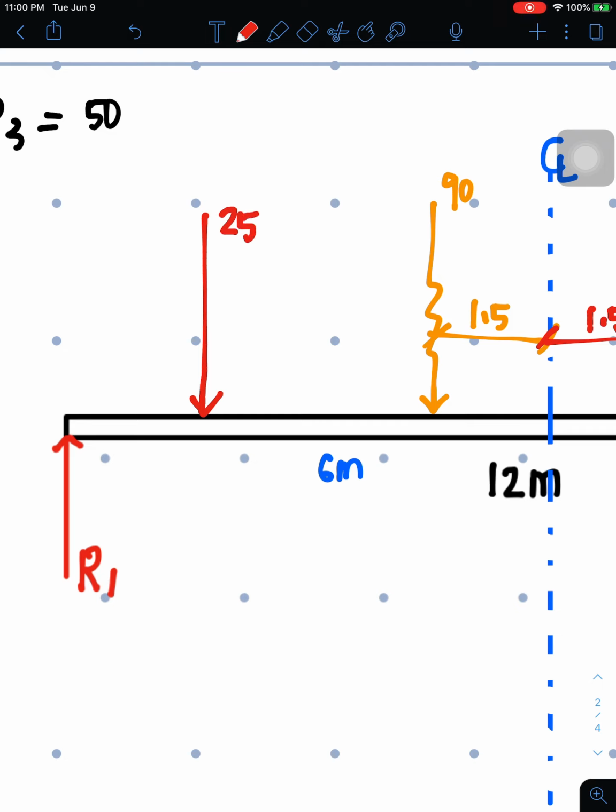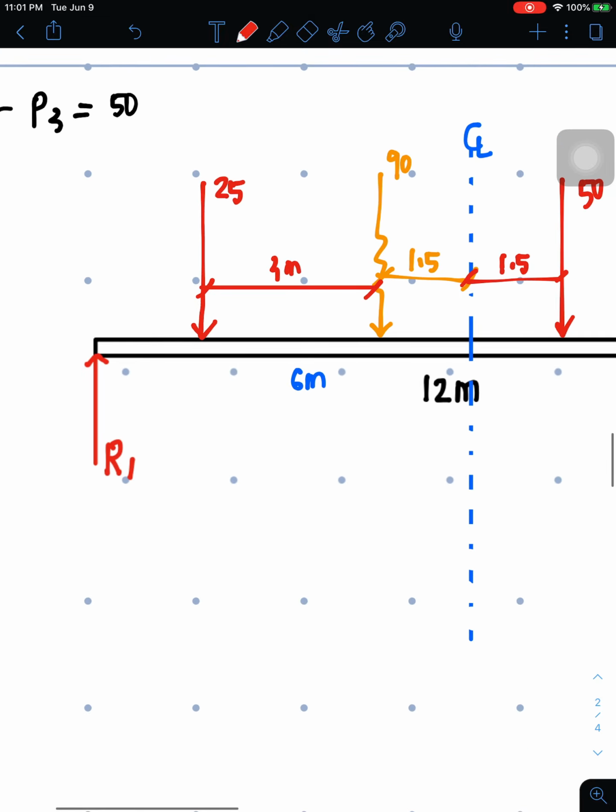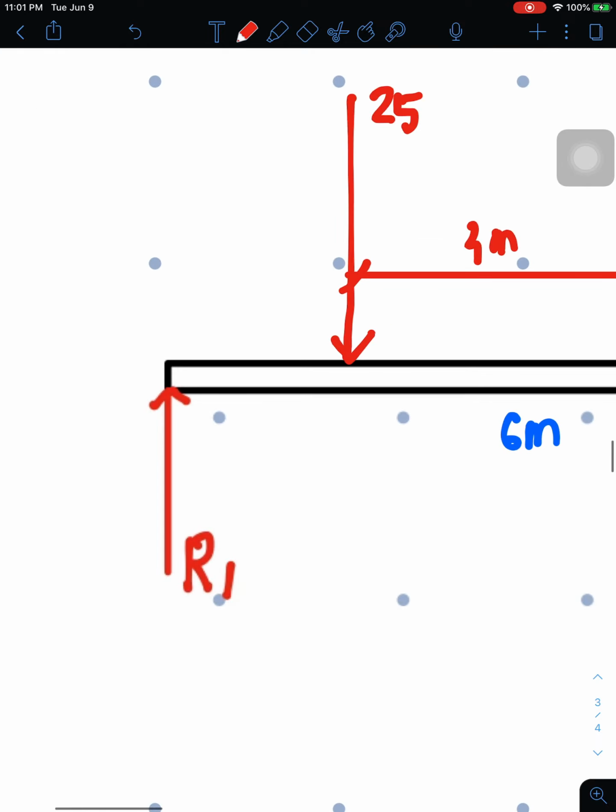This is 25. So this is 3 meters. And if we have 6 together with 1.5 and 3, ang nahabilin is 1.5 na lang. Sakto? 6 minus 3 minus 1.5. So this is 1.5.